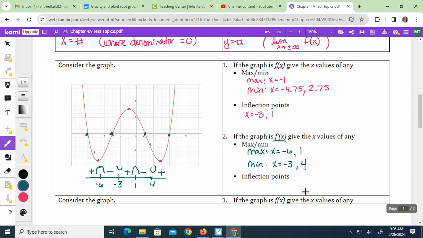Second thing, I want the inflection points. If you are looking at the first derivative, how do we get inflection points? It's when the second derivative is 0. So if this is the first derivative, the second derivative will be 0 when this has horizontal tangent lines, or maxes and mins. So when would the derivative of this function be 0?